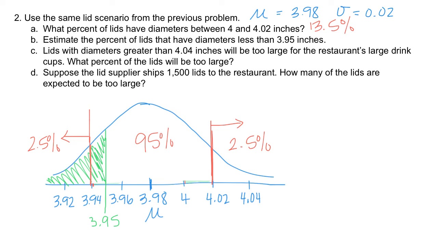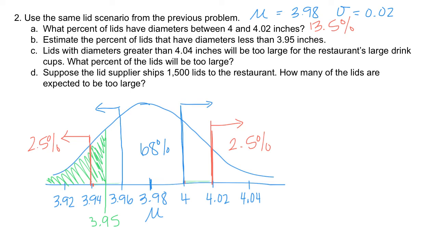Then I'm going to go to 3.96 and figure out what percent is less than 3.96. 3.95 is going to be somewhere between those two. 3.96 is 1 standard deviation below the mean. If we're between 1 standard deviation below the mean and 1 standard deviation above the mean, that's 68% of the data, between 3.96 and 4.